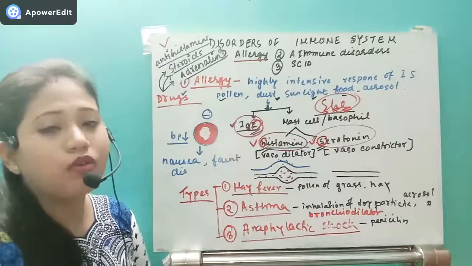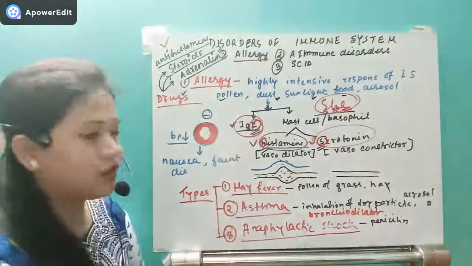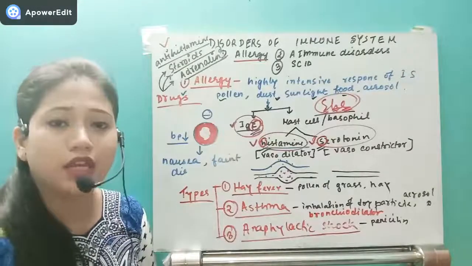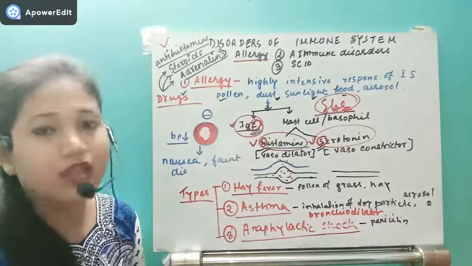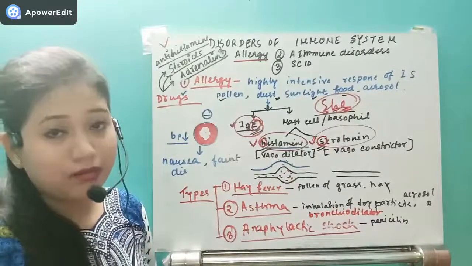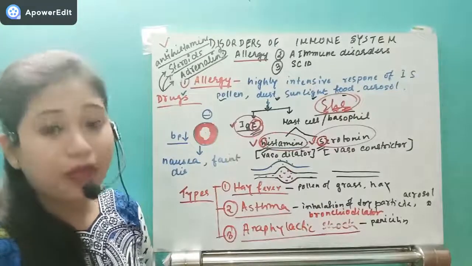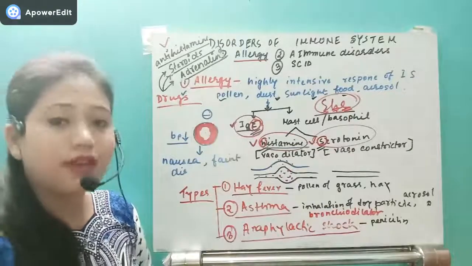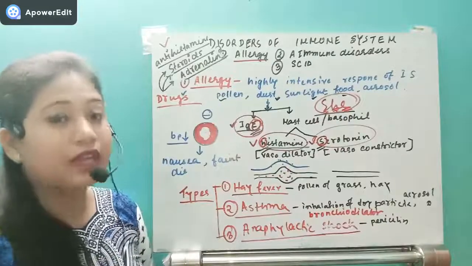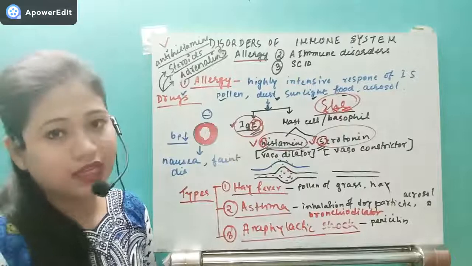So that is all about the different types of allergic conditions, where the individual suffers from a runny nose or watery eyes, difficulty in breathing, or decrease in blood pressure, and may suffer from nausea, or can faint, or in extreme cases die.